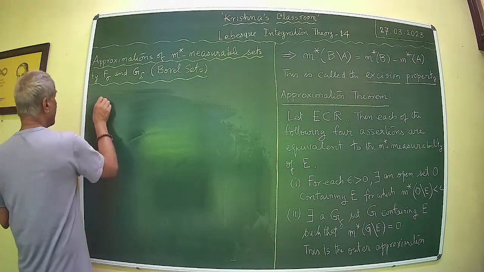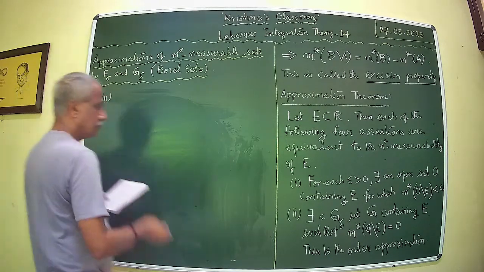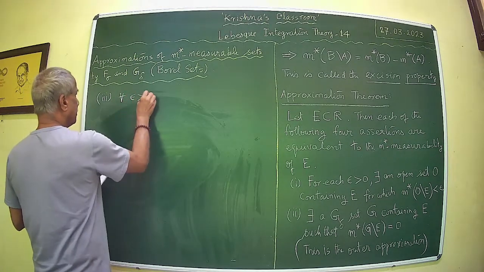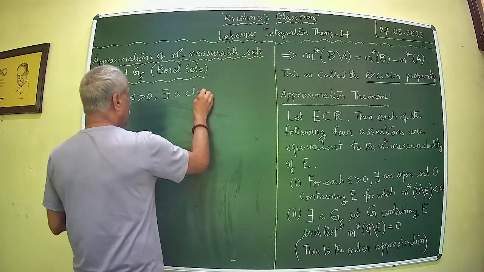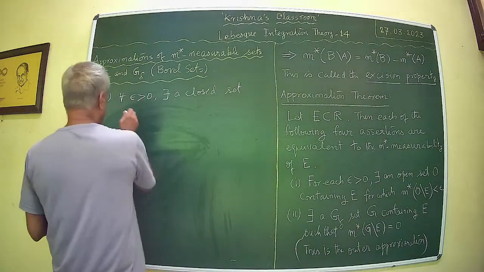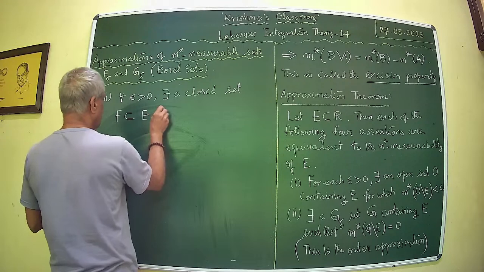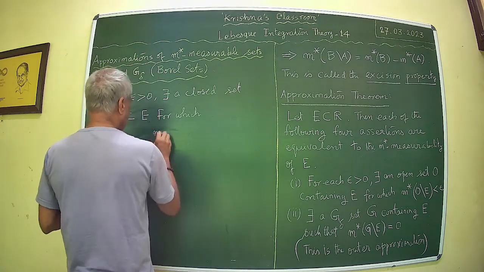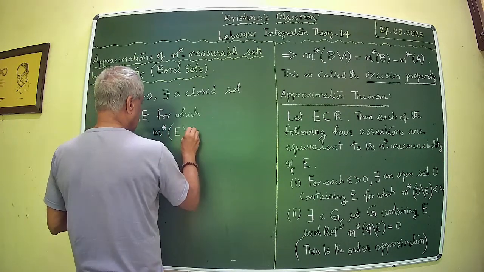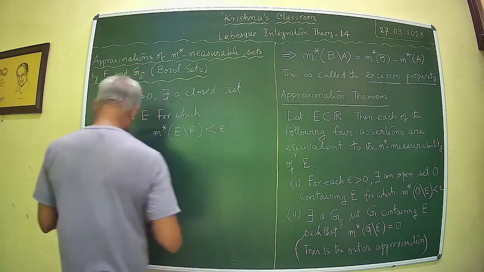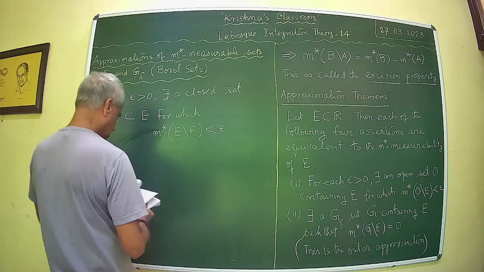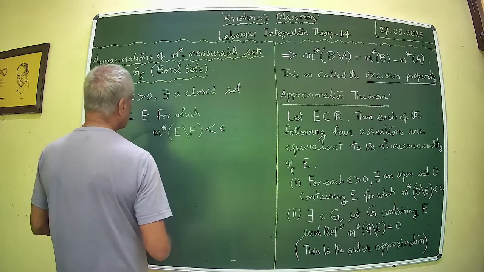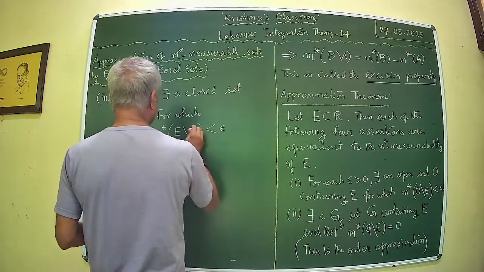Third statement: for every epsilon positive, there exists a closed set F, with M star of E slash F less than epsilon.